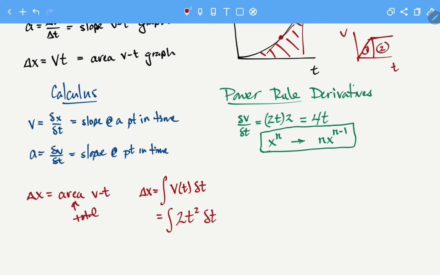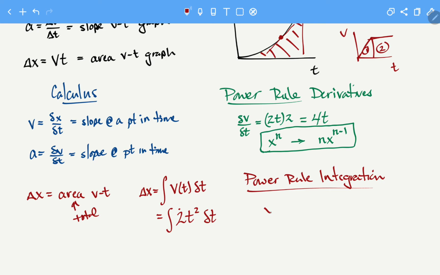And so to take an integral, again, we're going to use the power rule, but this is the power rule for integrals. Integration, that's what we call it. So power rule integration. To do that, you first take all the constants out, and then you do the following.